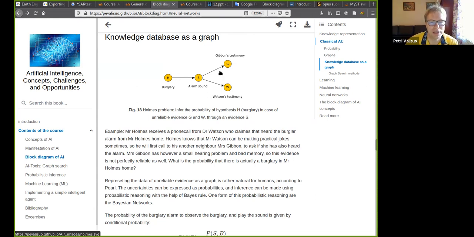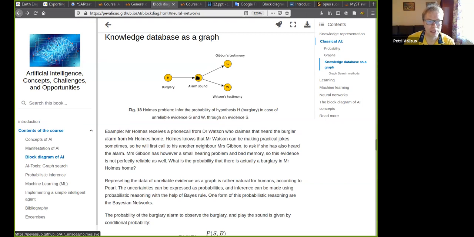What this network now describes is that if there is a burglary happening in some house, then at a certain probability, the alarm system will recognize that, and it will sound an alarm sound.